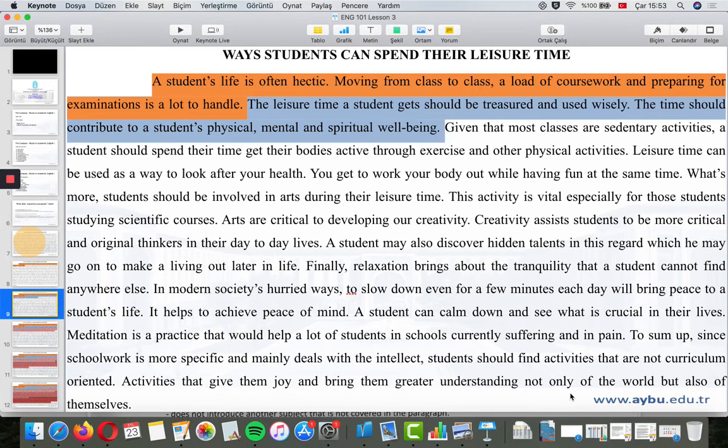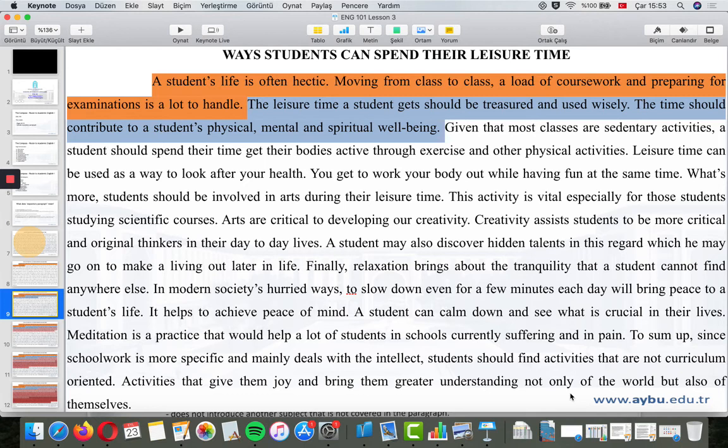When you look at this one, read it. The leisure time a student gets should be treasured and used wisely. Arkadaşlar, what is the topic? Leisure time a student gets. This is my topic. What is my controlling idea?